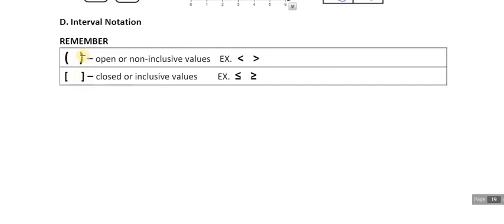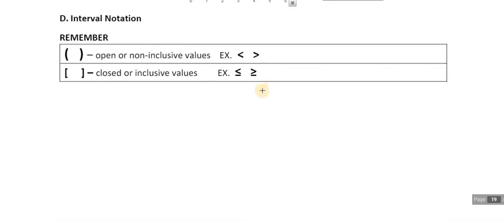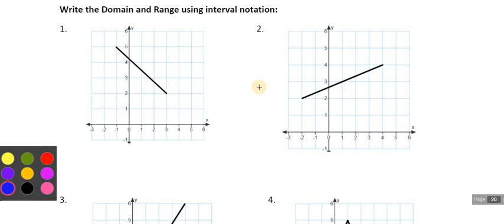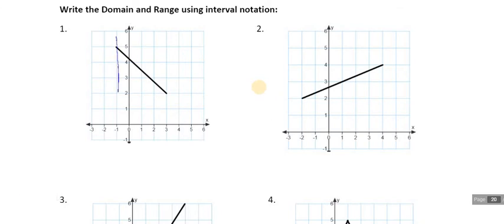Okay, so keeping in mind that the open parentheses, okay, normal parentheses, occur with just less thans and greater thans, and the closed brackets are the or equal to pieces. So I typically like to make a little picture frame when I'm trying to determine my domain and my range.